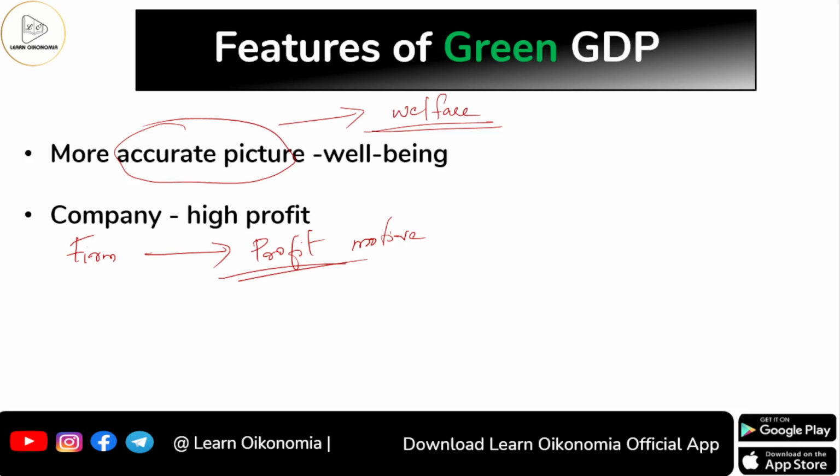Because it will be leading to deforestation, pollution, and many other bad environmental impacts. But the company, since it is interested only in making a high profit, is not taking into consideration the bad effects it has been causing on the environment. As far as traditional GDP is concerned, the company, its production, its profit, etc., are taken into consideration.